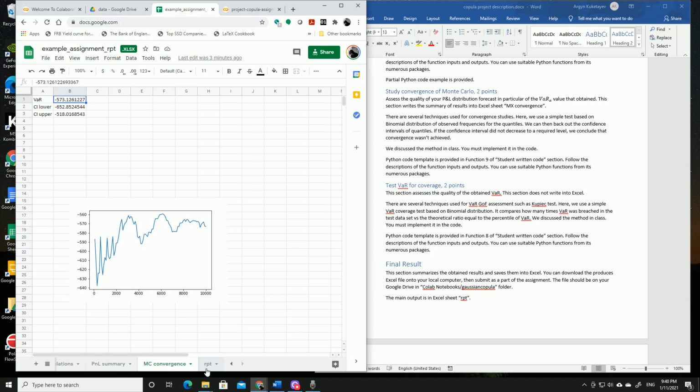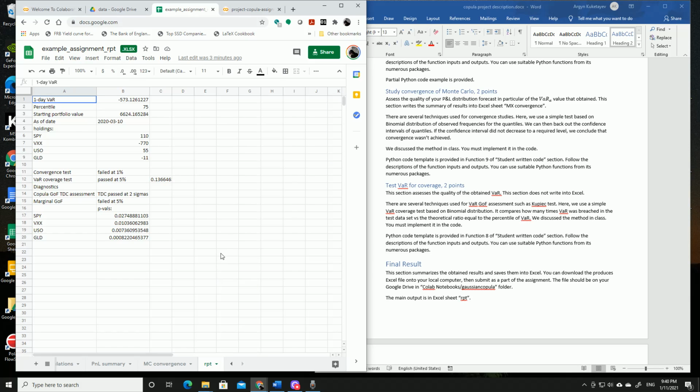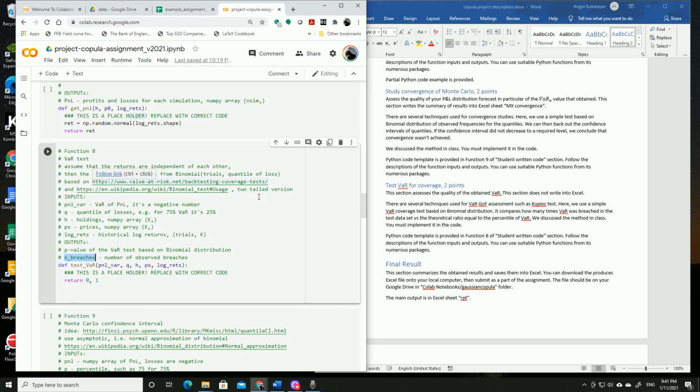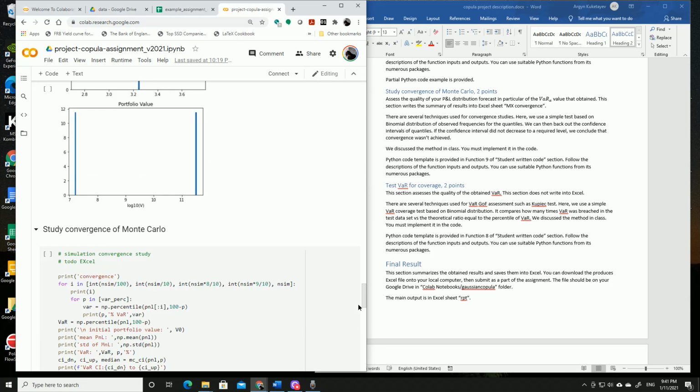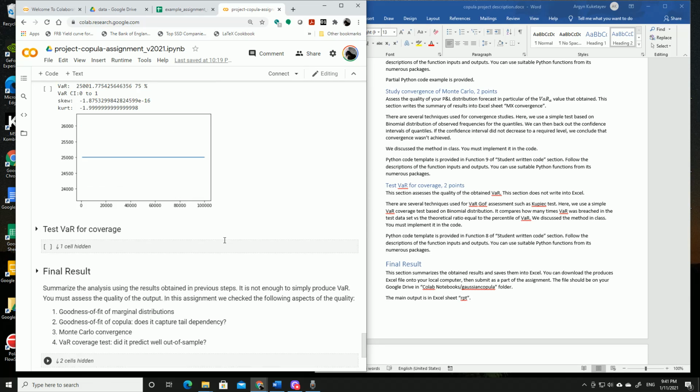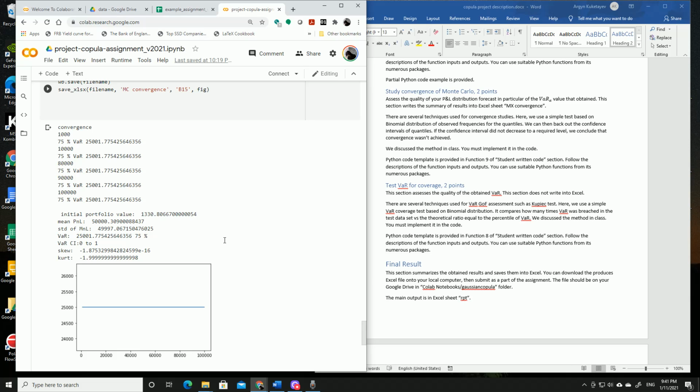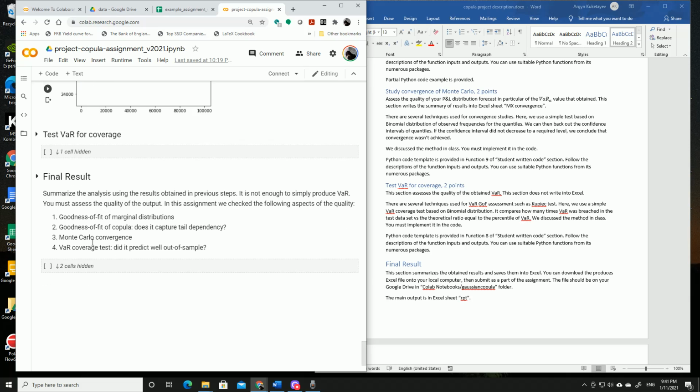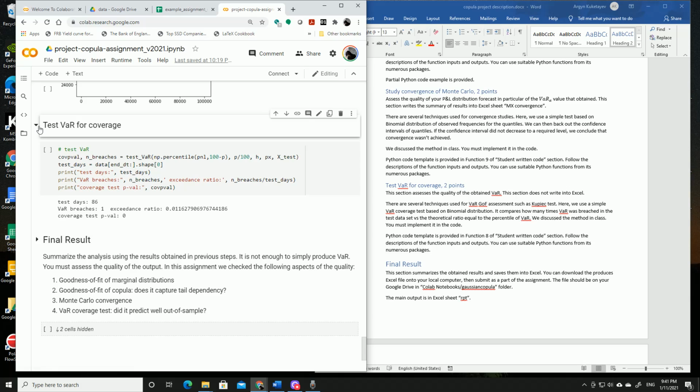It will go into the report, right? So into the report, yeah, look at this. So I believe this is the p-value. VaR coverage test. Right, so I think in the code itself, somewhere here, you will be printing the number of... okay, confidence interval is here. Oh, here, coverage test, right?